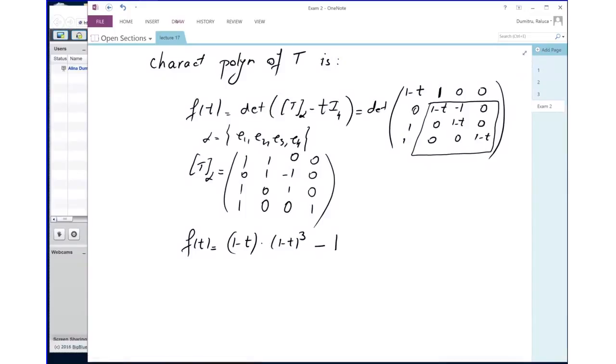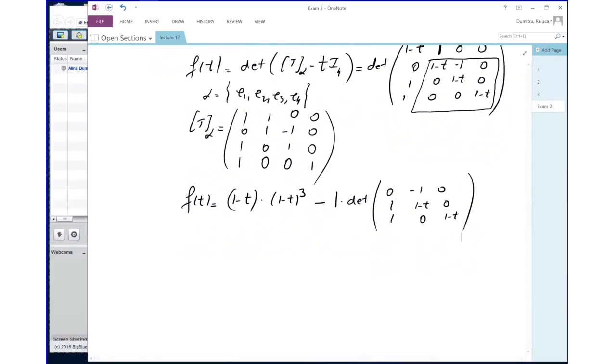So minus 1 times the determinant of the matrix 0, negative 1, 0; 1, 1 minus t, 0; 1, 0, 1 minus t. Delete row 1 and column 2 of the original matrix. And that is 0, 0, 0 minus, plus 1 minus t.